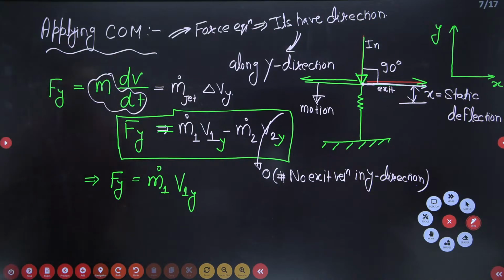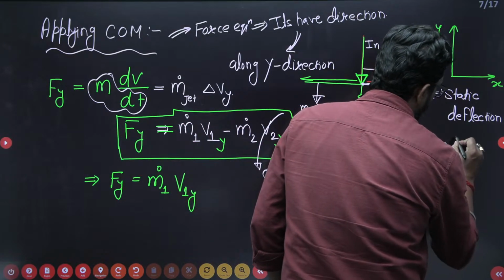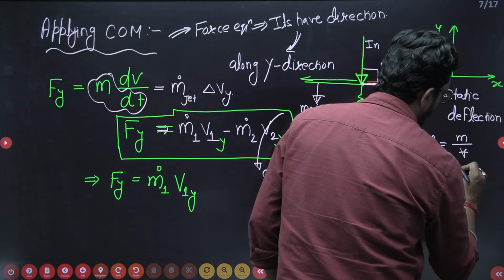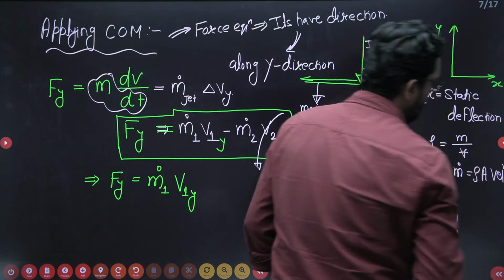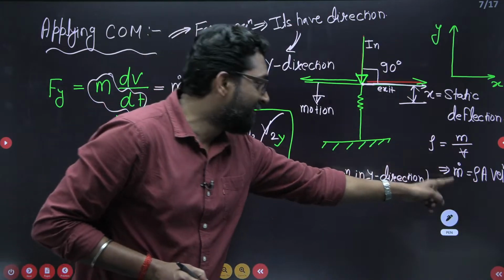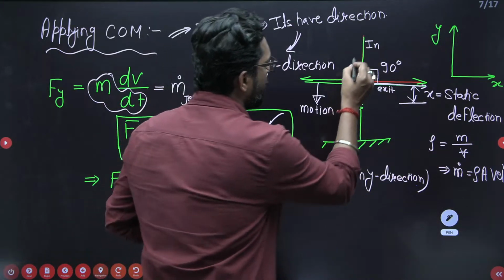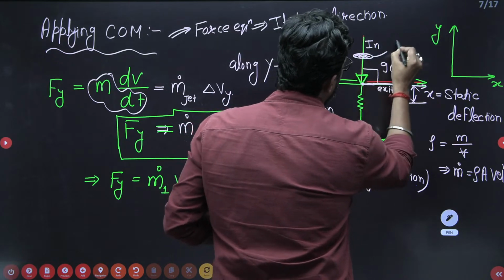Now my dear, what is the mass flow rate? Density is equal to mass by volume. If you take a rate basis, mass flow rate is density times area times velocity. You have the diameter of the jet, it is given, so you have the area. What is the area?